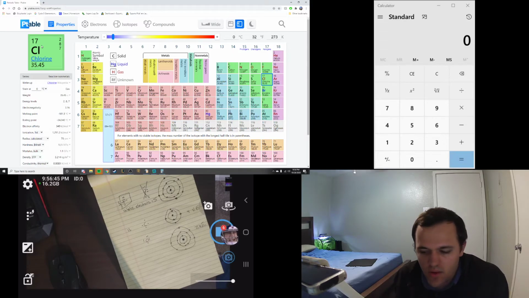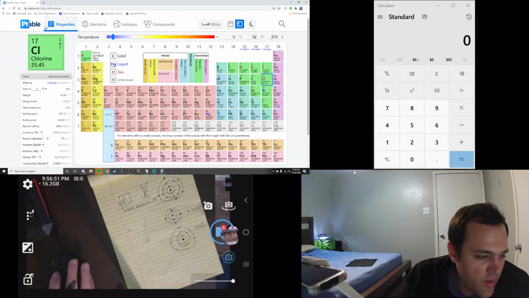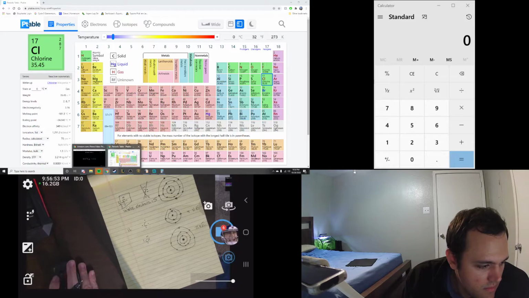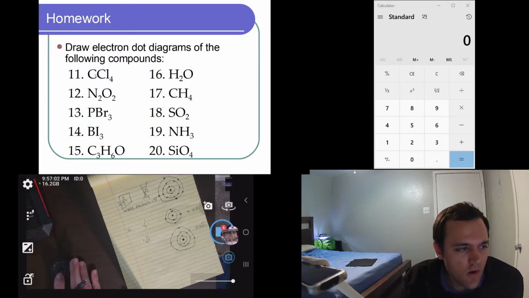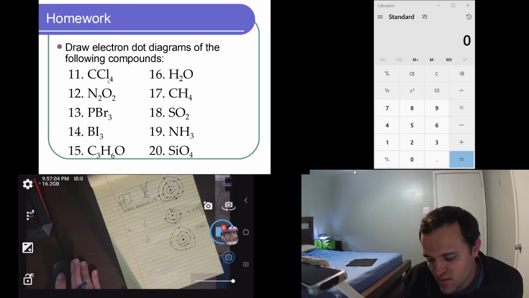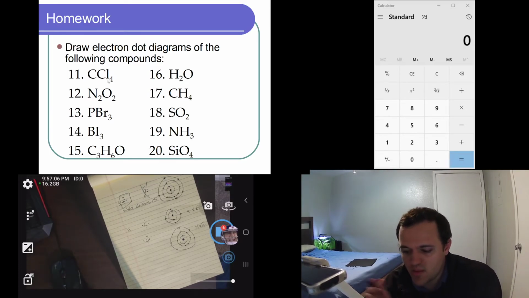The trick is knowing what the compound altogether is going to look like. Based on our formula, we have 1 carbon and 4 chlorines, and this one actually turns out to be pretty simple.